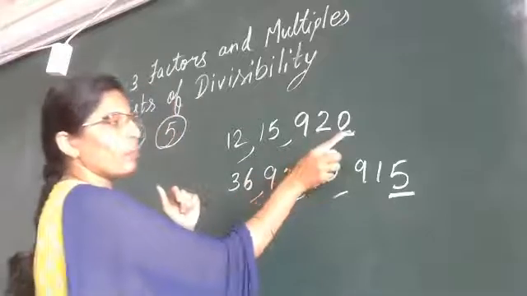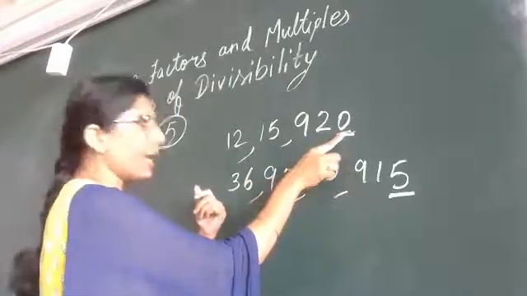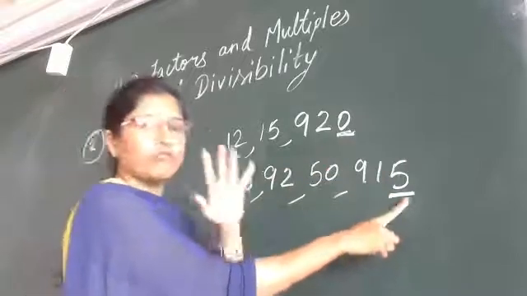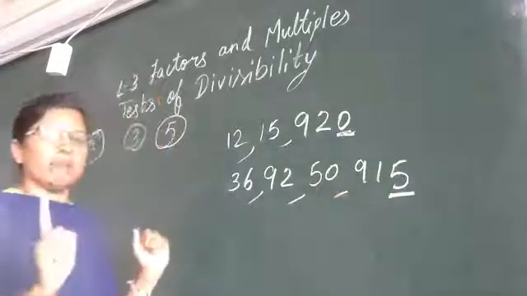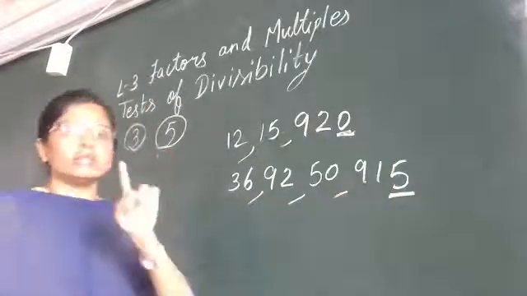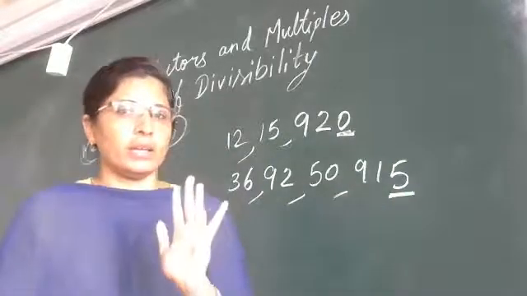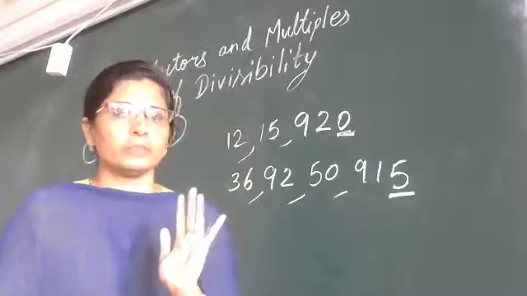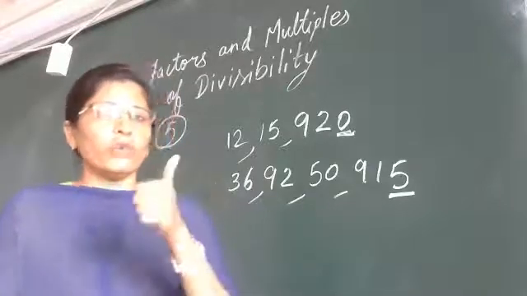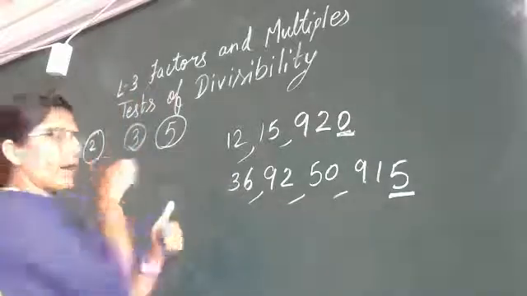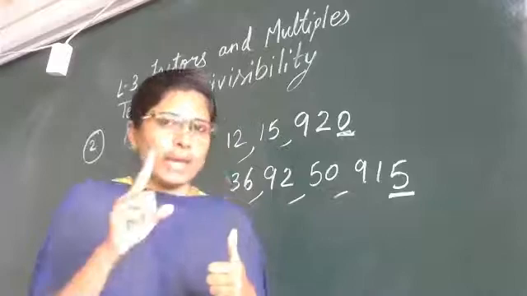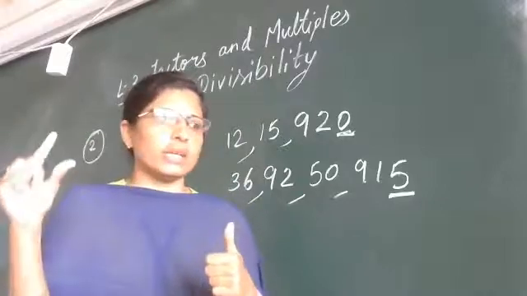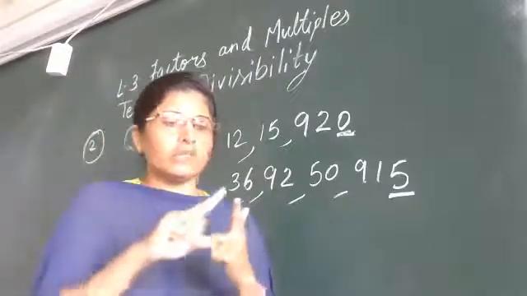Okay, that means if 0 is in the one's place or 5 is in the one's place, this full number will be divisible by 5. This is divisibility by 5. Understood? So what have we seen? Divisibility by 2: in one's place 0, 2, 4, 6, 8 should be there.